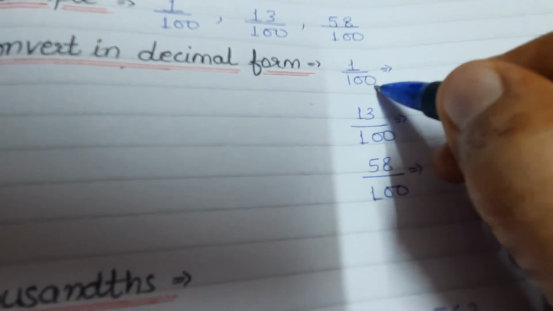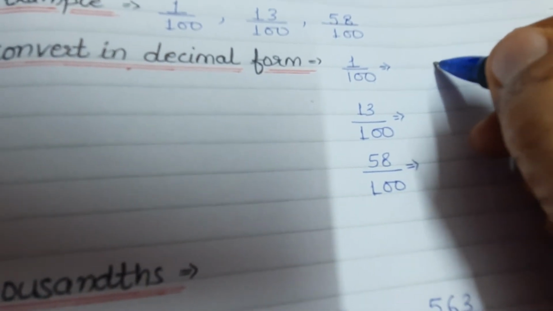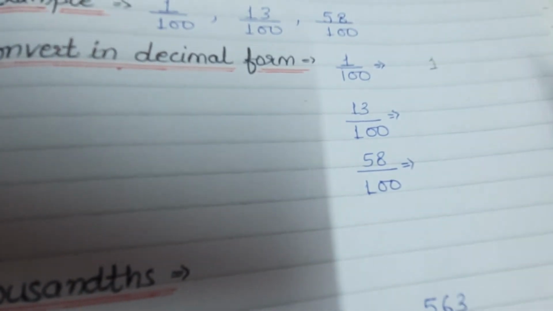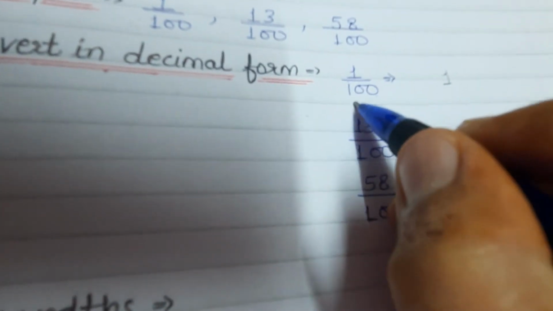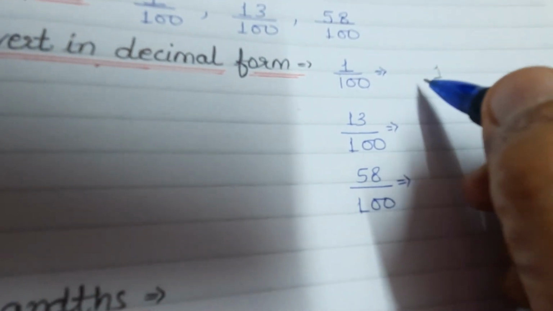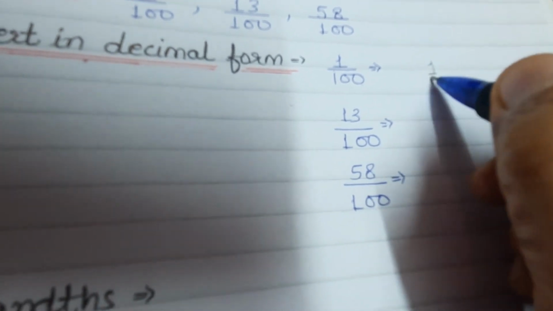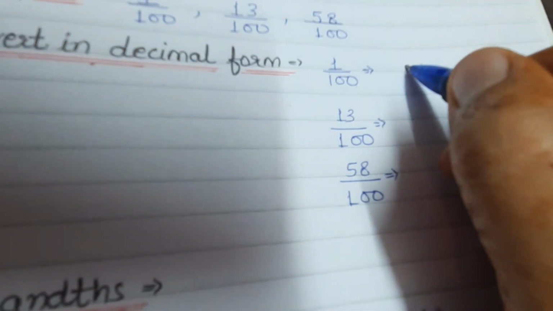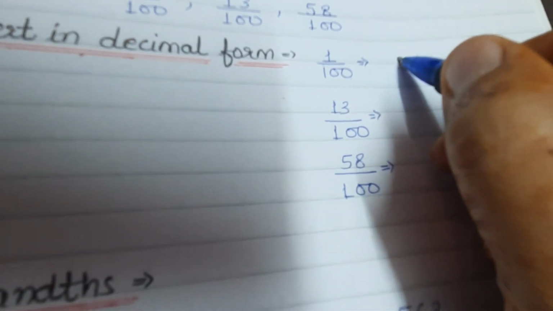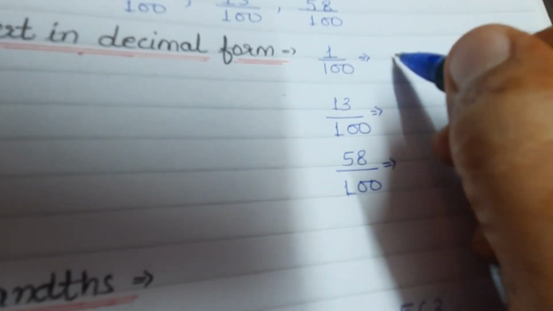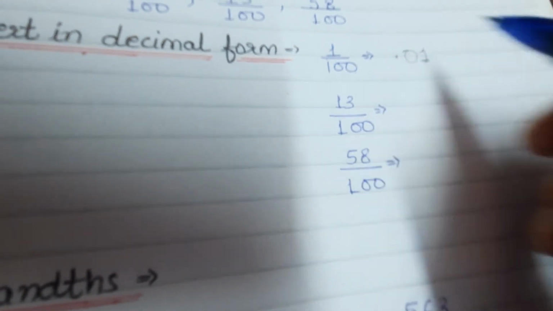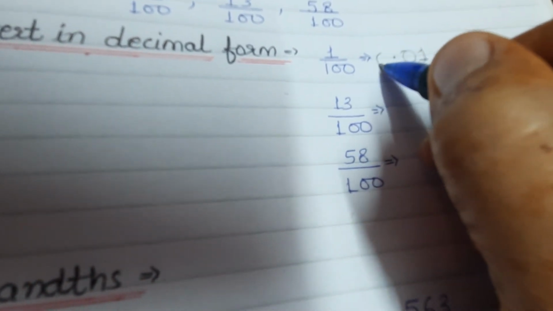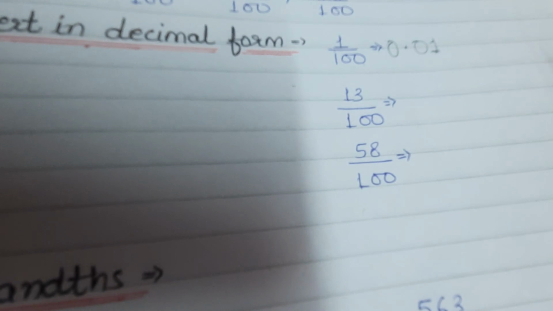Here in denominator we have 100. First we will write numerator as it is. Now in 100 there are 2 zeros, it means we have to put decimal before 2 digits, but here we have only 1 digit. So what we will do? We will write here 0, make it 2 digits, and then we will put here decimal. To cover this decimal, we will write 0.